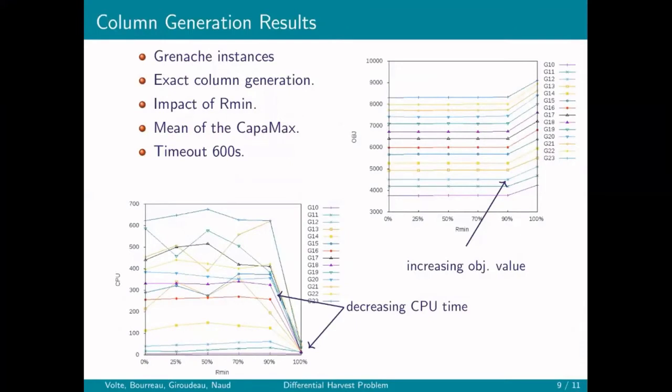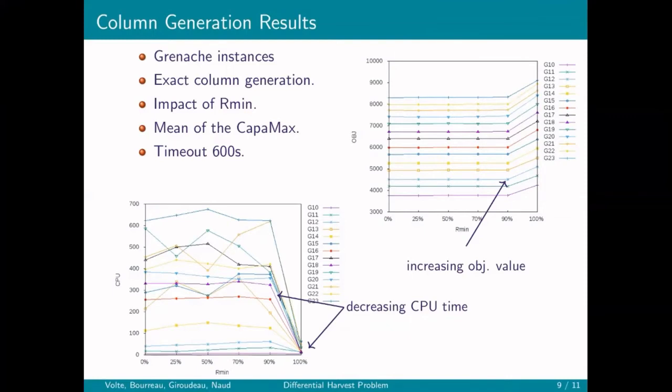So for the results, for the column generation, we want to see the impact of the Hermine. So when Hermine increases, how do the CPU time and the objective value behave? We can see that the objective value does not change at all between 0 and 90% of Hermine. But when you go from 90% to 100%, the objective value goes up.